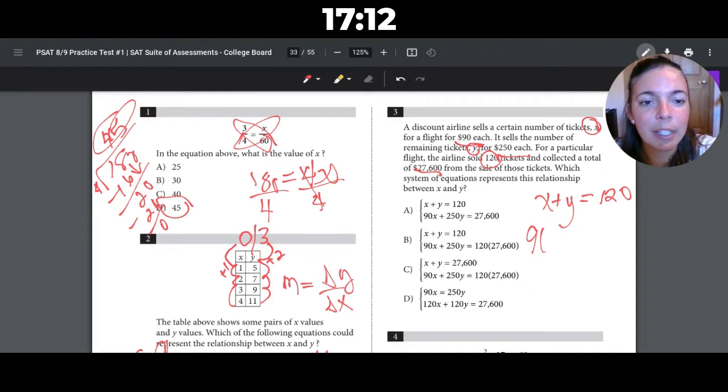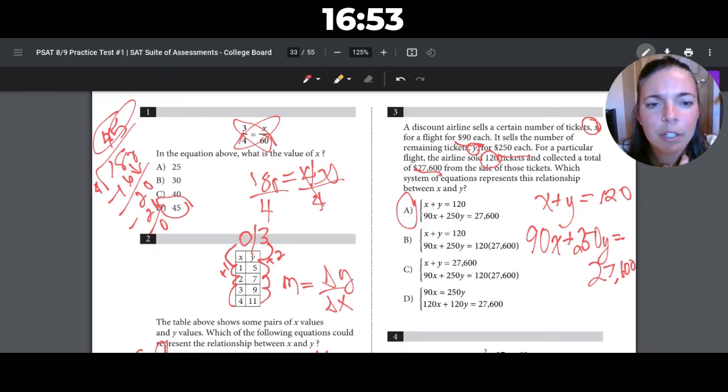So 90 times the number of X tickets that are sold plus 250 times the number of Y has to equal the total that they made, 27,600. Let's see if any of those look similar. It looks like A is good. And just to double check, you can make sure you didn't make a silly mistake.